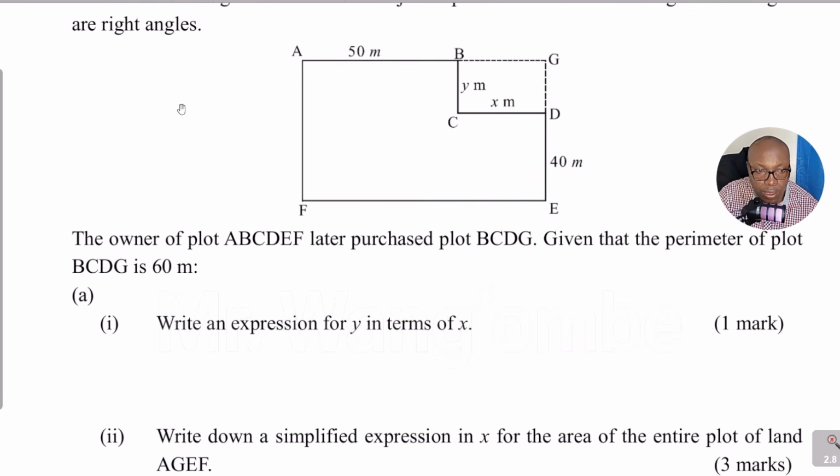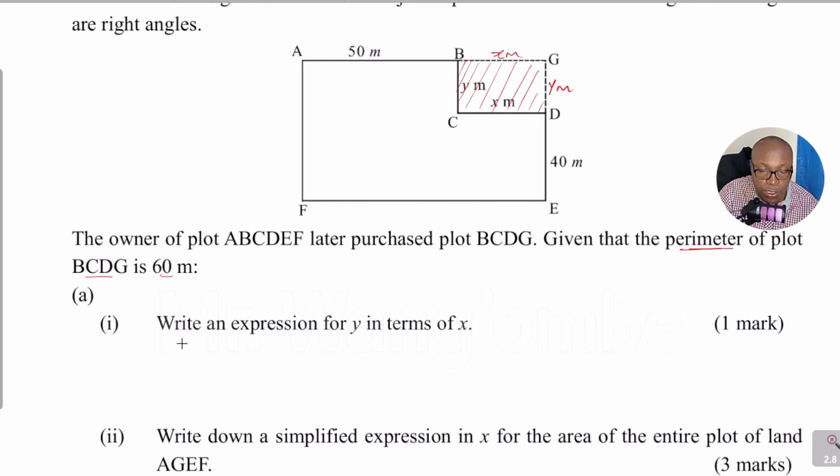Now, we are given the perimeter of plot BCDG, where the length is x, the width is y, and the perimeter is 60. So how do you get the perimeter? This side is x also, and this one is y meters. To get the perimeter, you add the total distance around the shape BCDG.